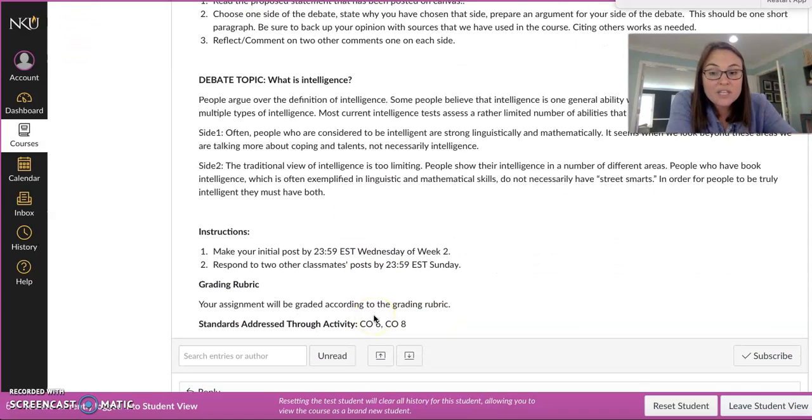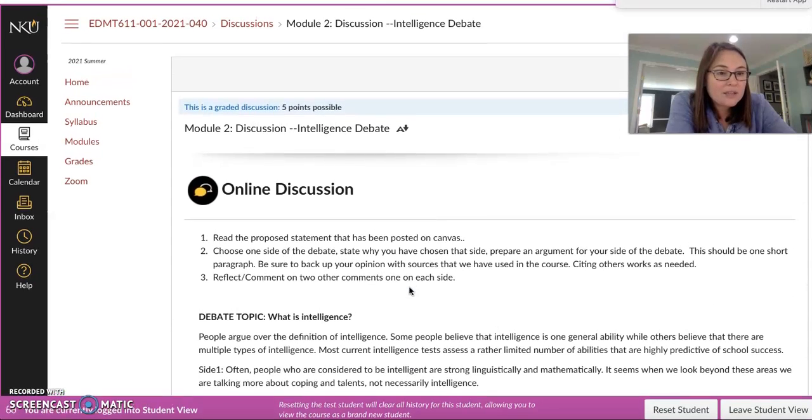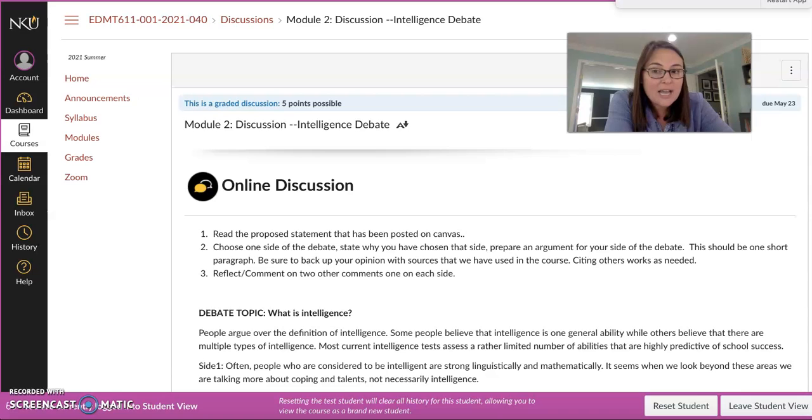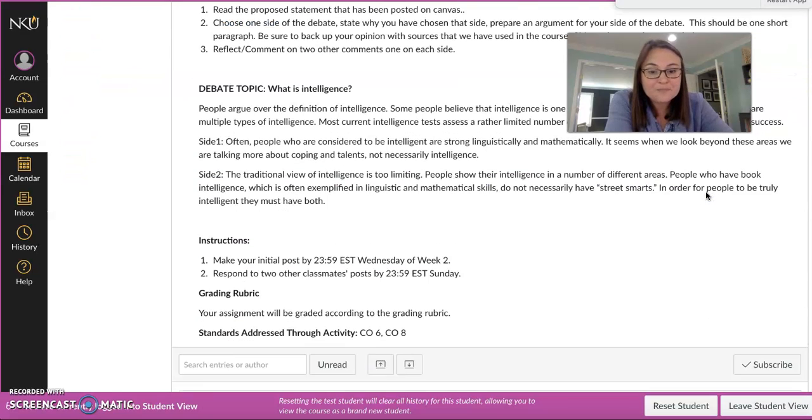For this, again, you're going to make your initial post by Wednesday, and then you're going to go back and respond to 2 other classmates' posts by Sunday. The grading rubric, I believe, yes, is in this top corner up here. You can find the rubric.